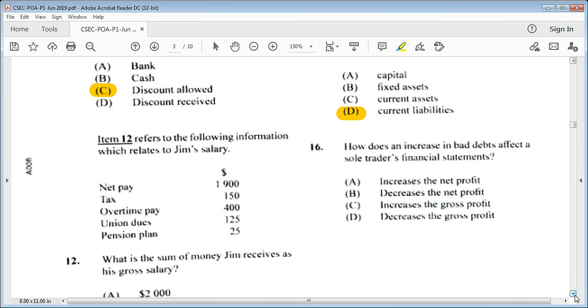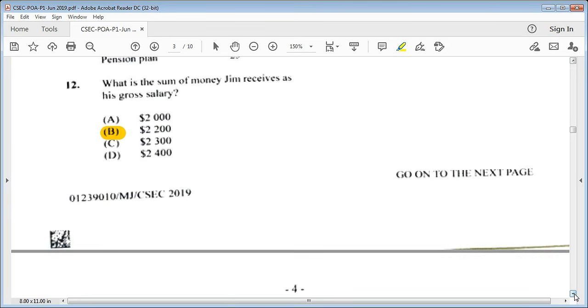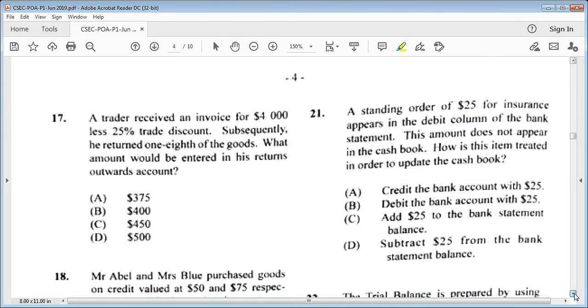A, increases the net profit, B, decreases the net profit, C, increases the gross profit, or D, decreases the gross profit. We know it is B, decreases the net profit. That's how bad debts affect a sole trader's account statement.